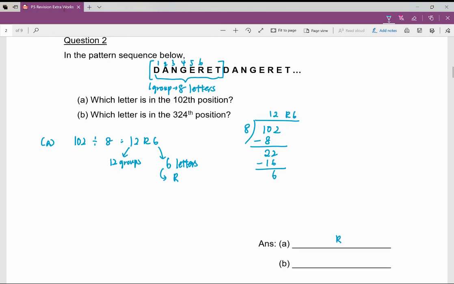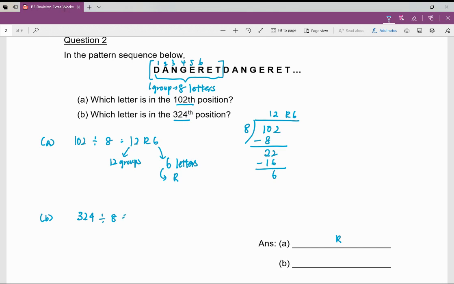Okay. Then for B, which letter is in the 324 position? So I take 324, I'll take 324 divide by 8. Okay.